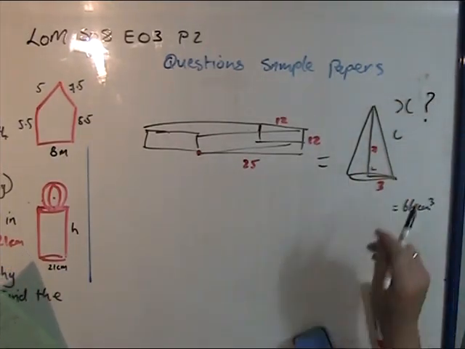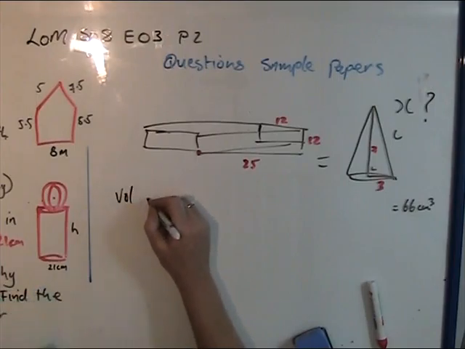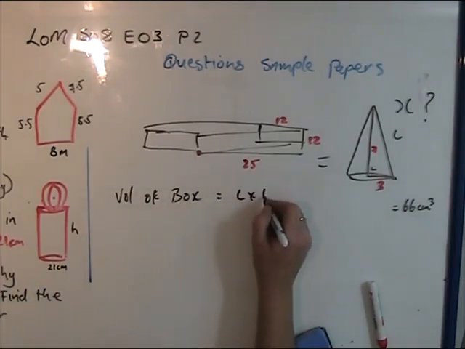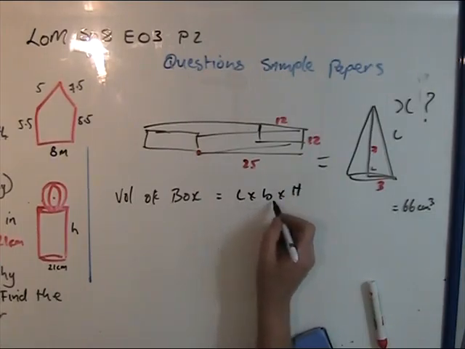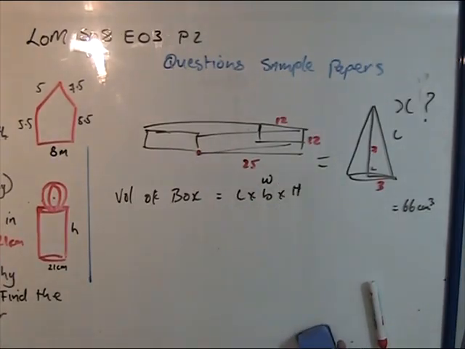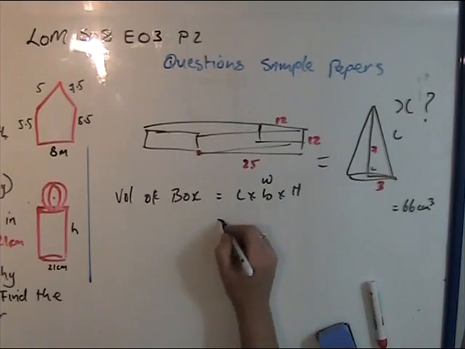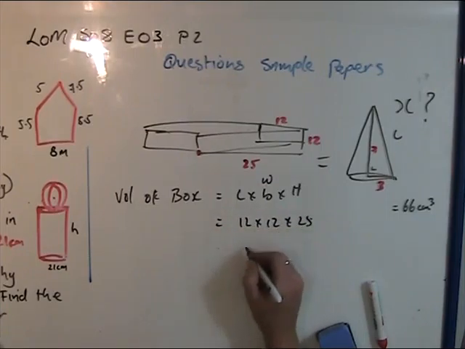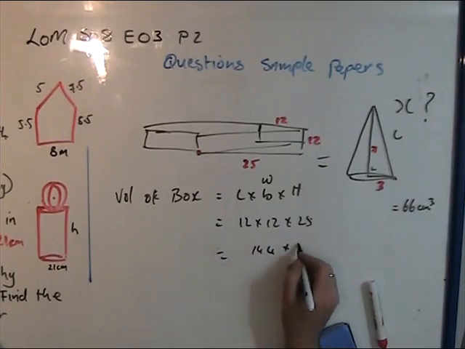So we have to find the volume of the box. The volume of the box is equal to length by breadth by height, or length by width by height, whichever way. You must remember the format. So it's 12 by 12 by 25, 144 by 25.